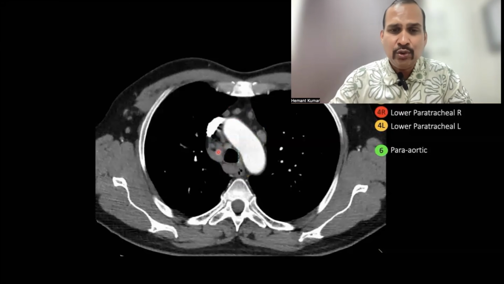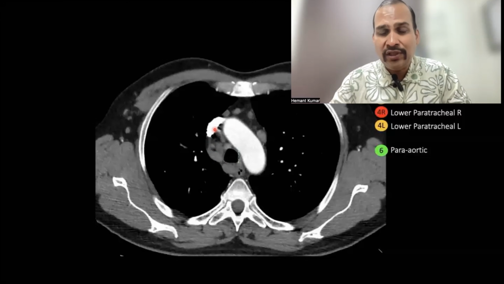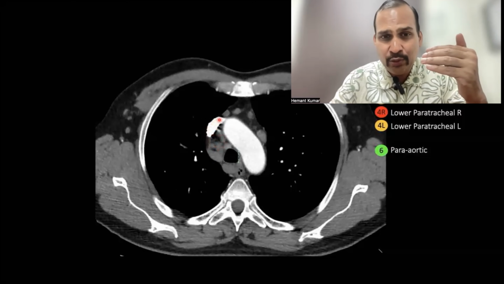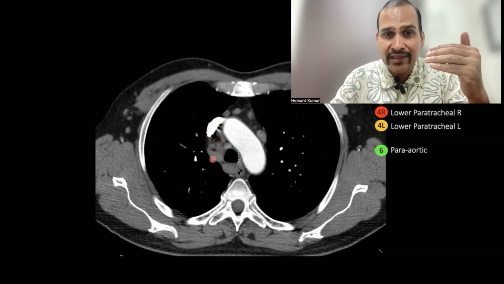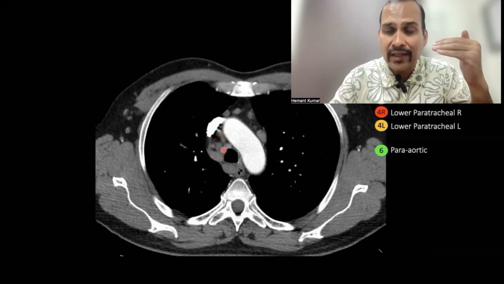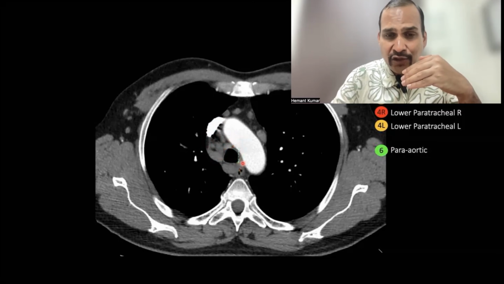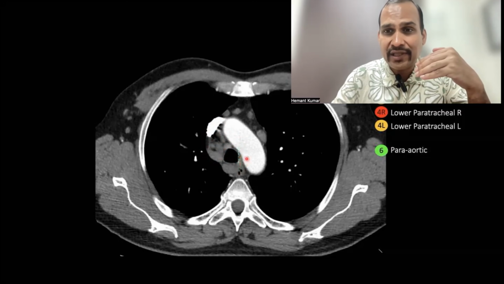So this is 2R. Okay, so you can see now the subclavian vein, the brachiocephalic vein, you can see very clearly this arch. So the lymph node posterior to the brachiocephalic vein is 4R, the lower paratracheal right side. Here, along the arch of aorta, is 4L, lower paratracheal left side.